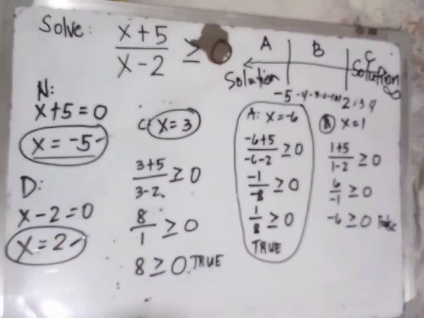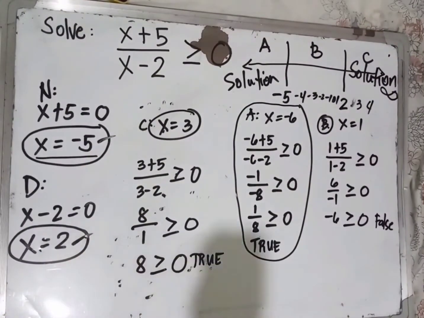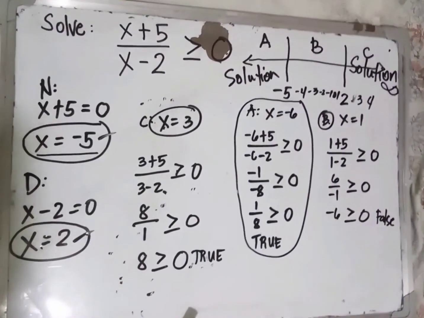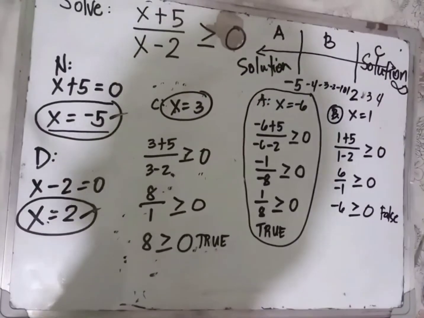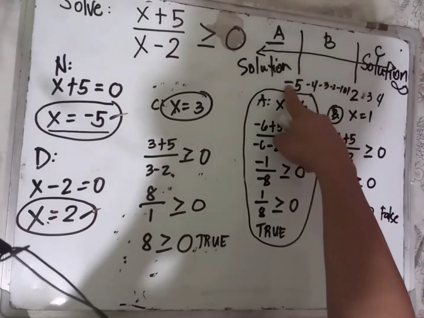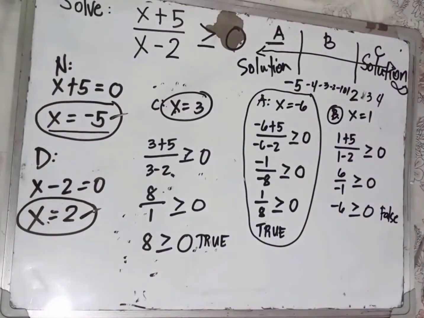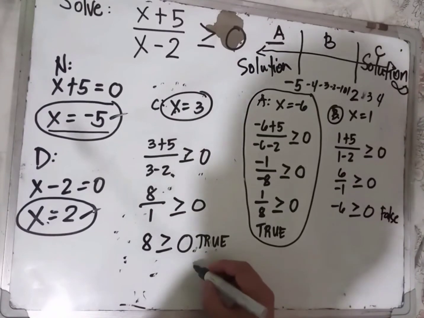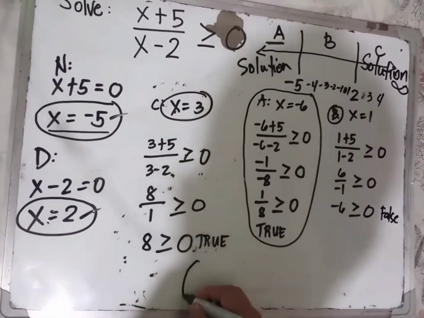So step number 5, answer in interval notation. So ano yung final answer natin? So the final answer is, since ang solution natin is makita sa interval A, negative 5 until negative infinite numbers. So ang solution natin is this one.